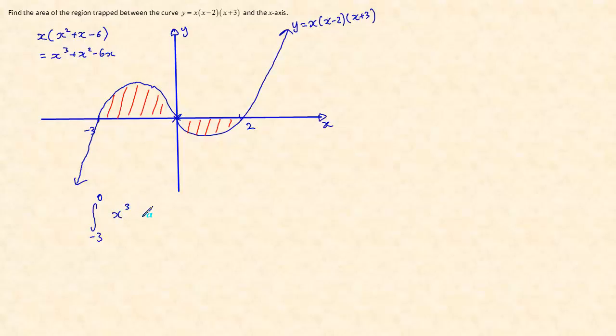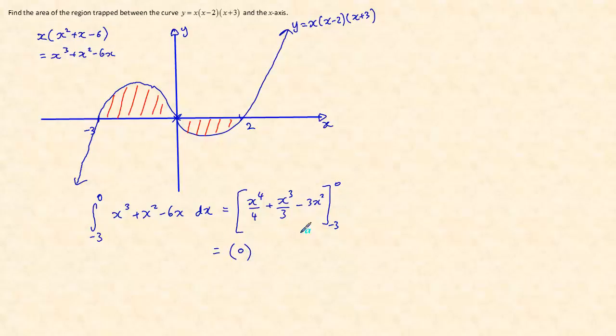So the integral of x cubed plus x squared minus 6x dx will give us x to the 4 over 4 plus x cubed over 3 minus 6x squared over 2, which is 3x squared, and that's from -3 to 0.